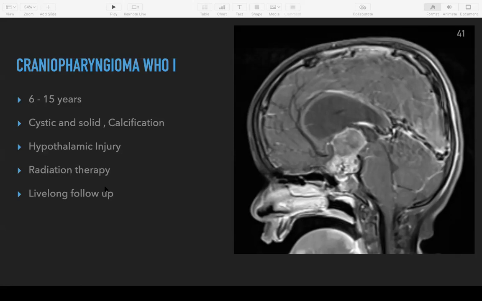Craniopharyngioma is a benign lesion, so he will live a long life, however with poor quality of life. So the majority of surgeons will try to do a partial resection and then radiation therapy, either following the surgical intervention or in a delayed fashion.